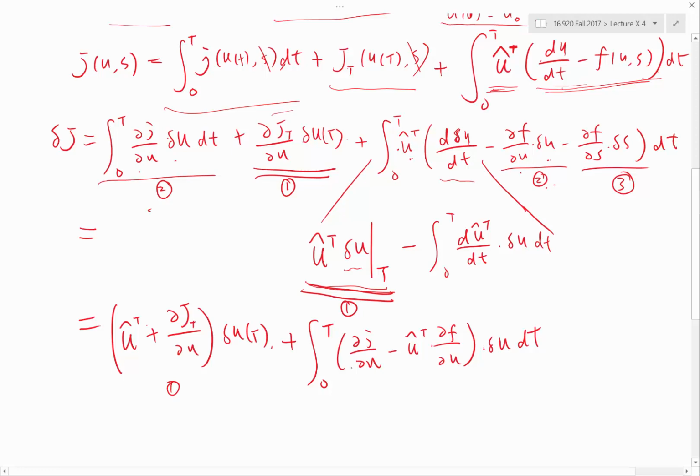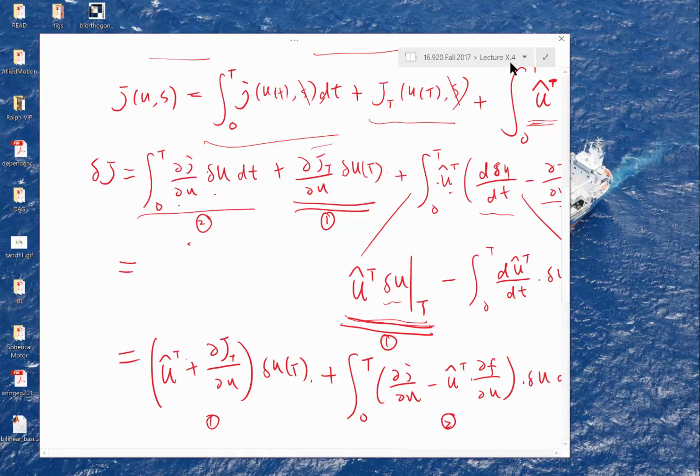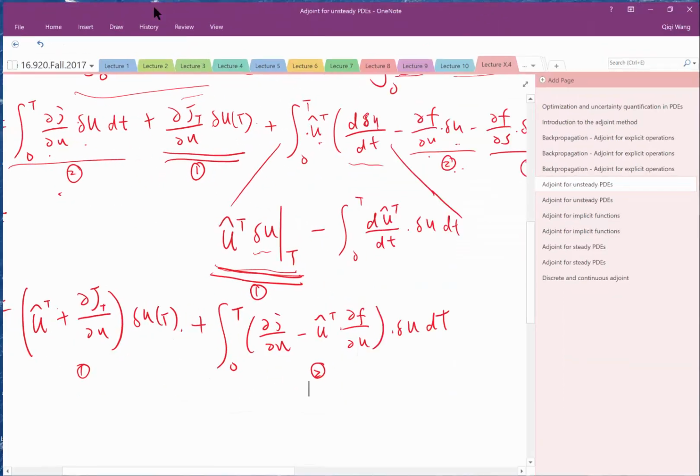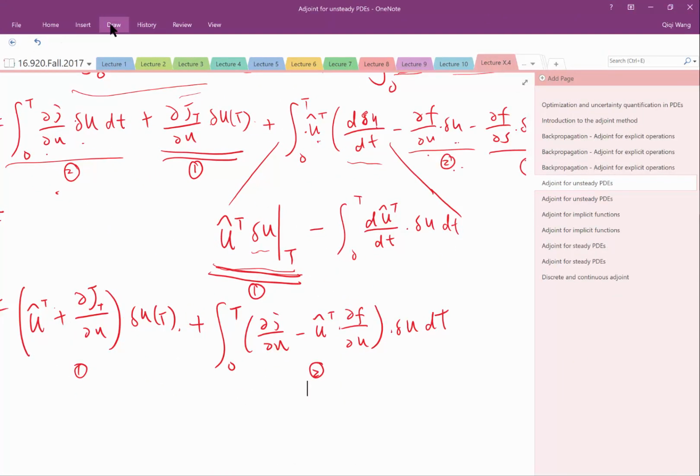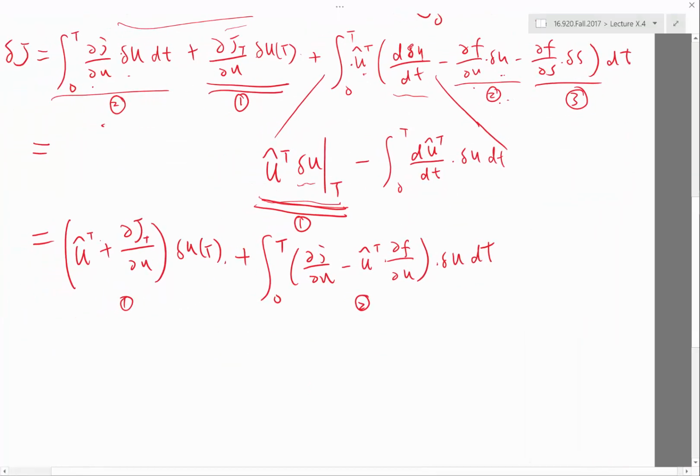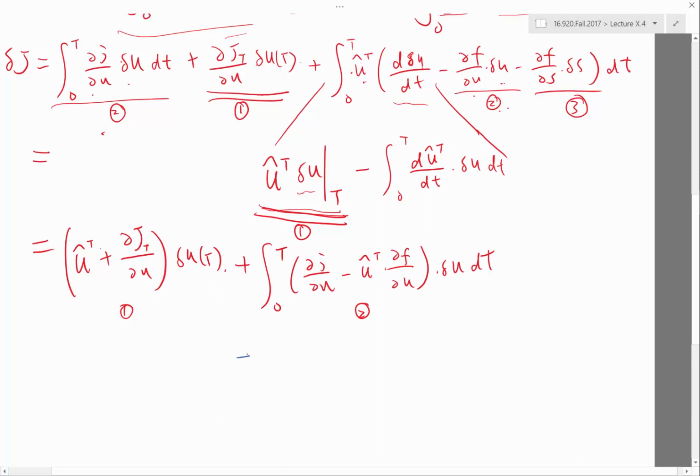And as you can imagine, both term 1 and term 2 are going to be eliminated when I set the adjoint equation to appropriate values. The only term that is not going to be 0 after I enforce the adjoint equation is the third term. The third term is minus the integration of û of t times partial f partial s delta s dt, right?